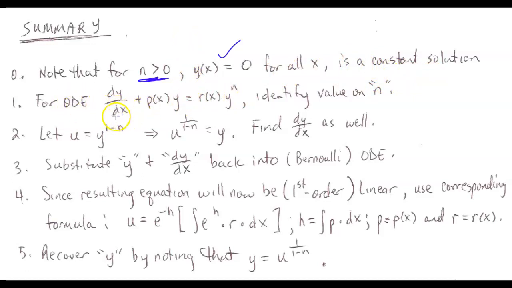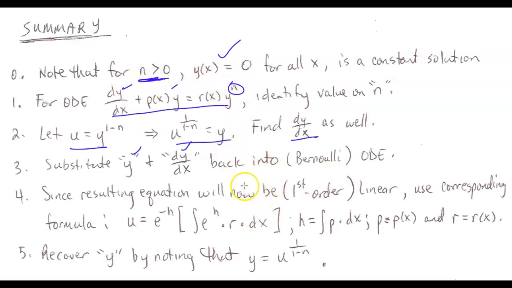After that, we recognize that we actually have the Bernoulli equation in this form, and whatever number is on the exponent for y, that's what our n is. We do this substitution, rewrite y in terms of u, and then find dy over dx, whatever that's going to look like. Afterwards, we take our dy over dx and y and substitute it back into our equation.